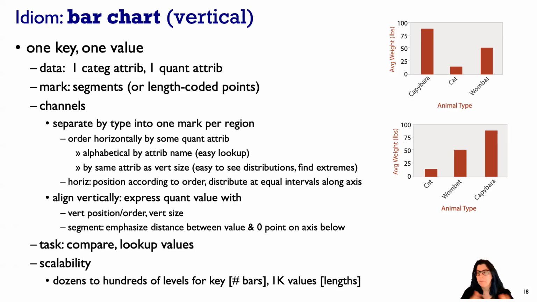Clearly, dozens is easy, maybe even hundreds. Again, we're thinking about having 1,000 pixels on a side. So let's say up to hundreds of bars. And what about the lengths of those bars, the levels of that value attribute? Well, we could have literally up to 1,000. If we have 1,000 pixels, humans are really good at discriminating even quite fine differences between those lengths. So we're going to consider the number of length values that we could support as up to 1,000.